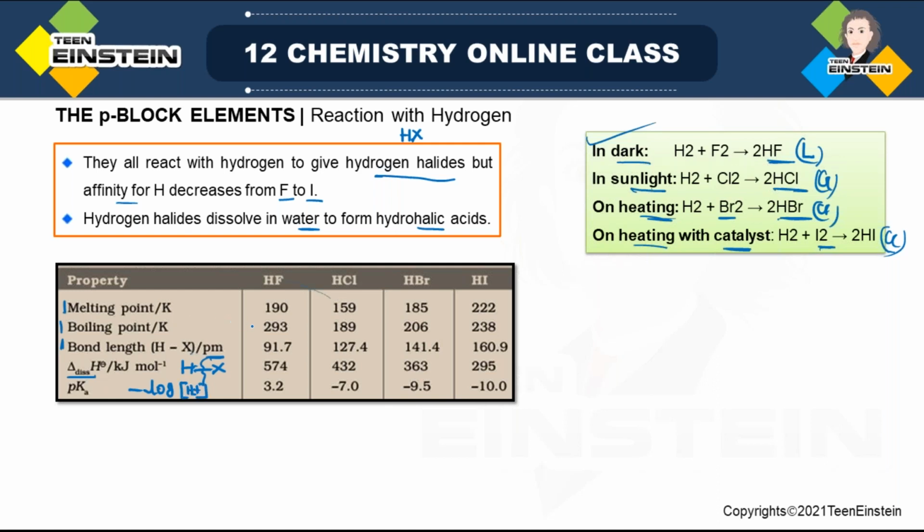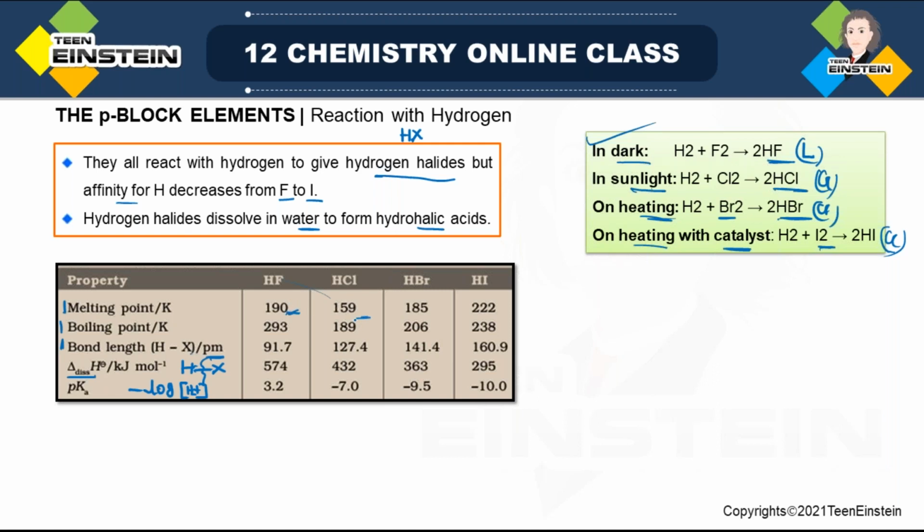First, if you look at the melting point and boiling point, normally we expect that as we move down the group, both MP and BP increase because of increasing molar mass, so van der Waals interaction increases. But here, when you are moving from HF to HCl, our normal expectation is that the melting point should increase.